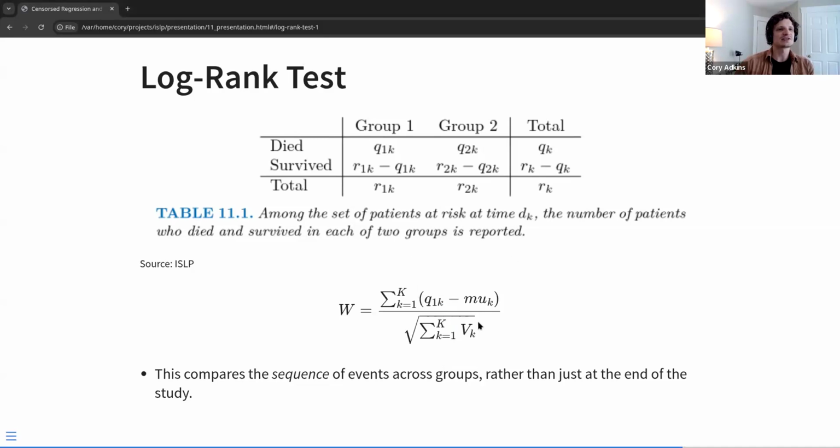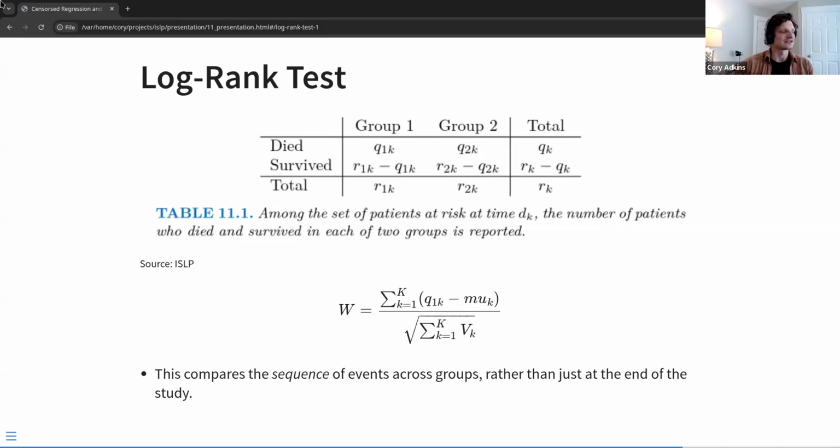And you can see it looks like a Z statistic, where you have the group mean minus the pooled mean over the standard error. But it's just modified to take into account this stuff.